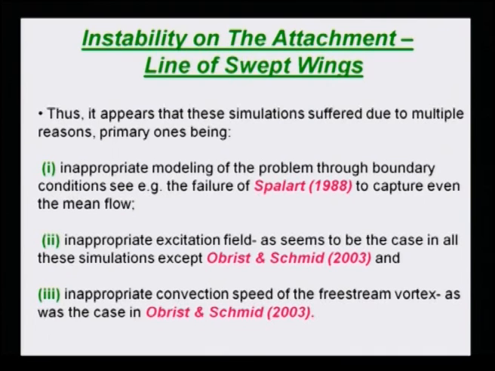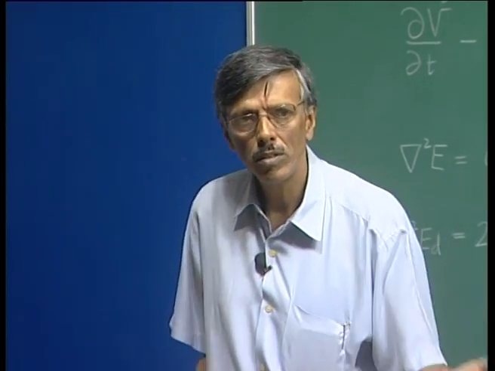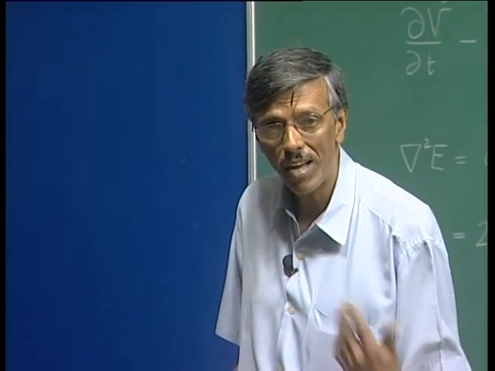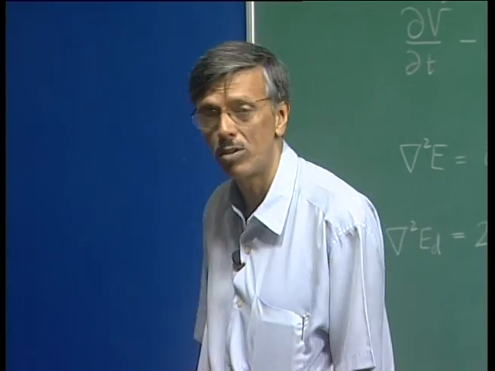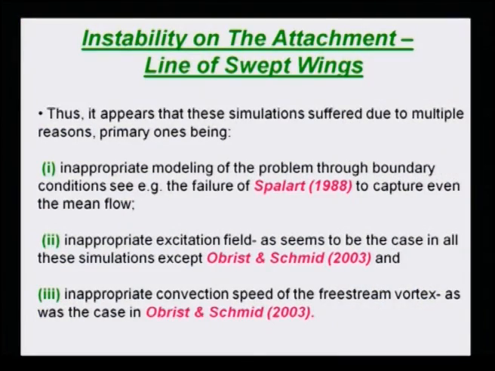They did not take the correct propagation speed. So, of course, the boundary conditions or the excitation field were not appropriate. It was going at the wrong speed. These are the 2 reasons that we should attribute to the failure of these authors. Okay.